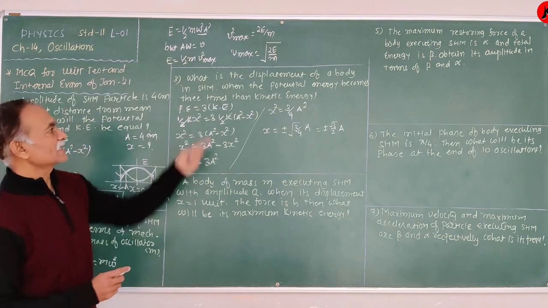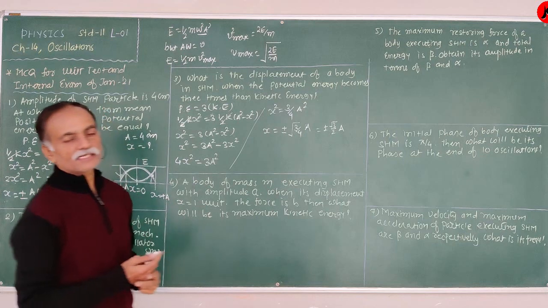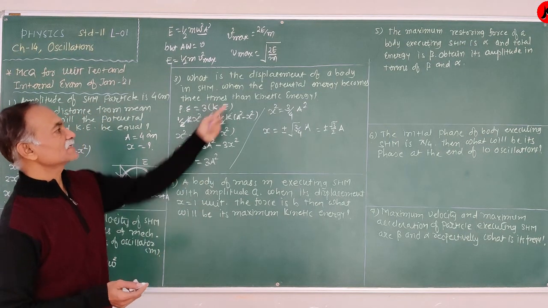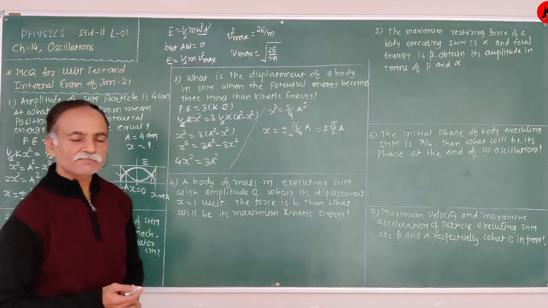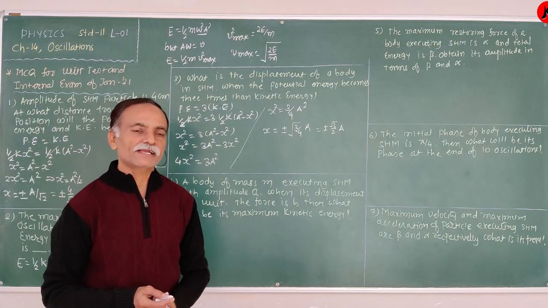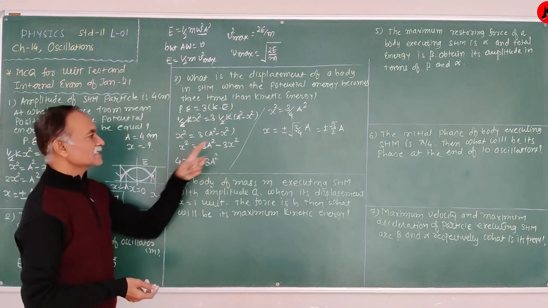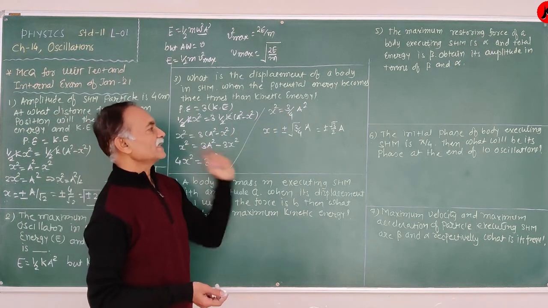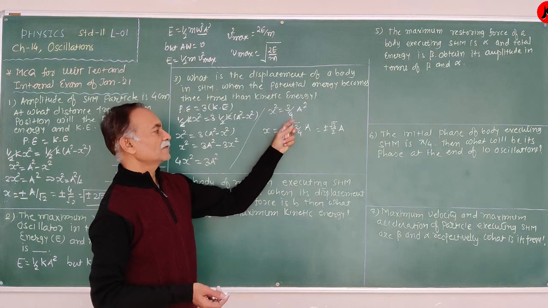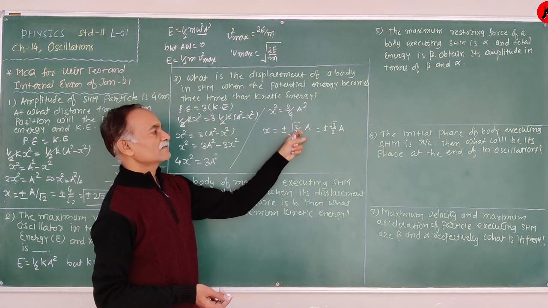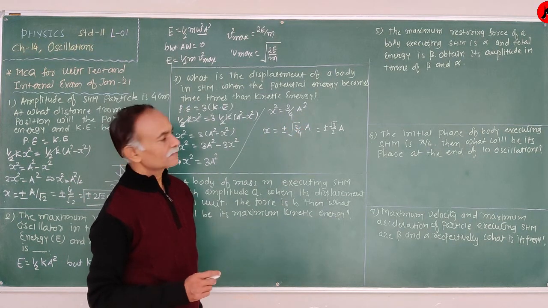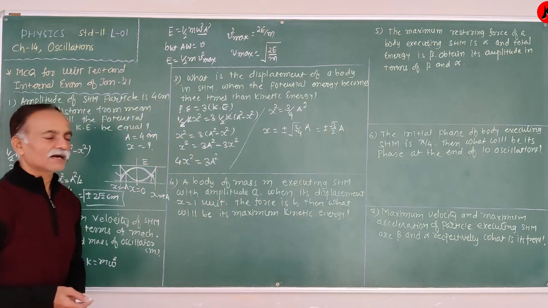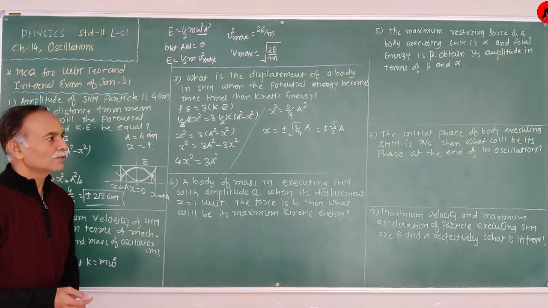We require the displacement x from the mean position at which the potential energy becomes 3 times the kinetic energy. Therefore, x square is equal to 3 by 4 a square. Taking the square root, x is equal to plus or minus root 3 by 2 a.